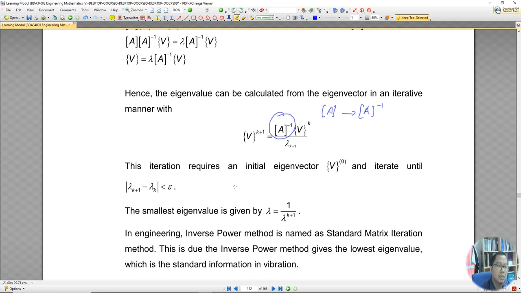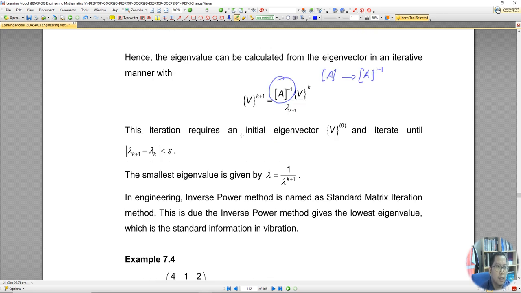This iteration requires an initial eigenvector V0, and we iterate until a certain condition. The question should ask you to iterate until a certain amount of error, let's say 0.05.